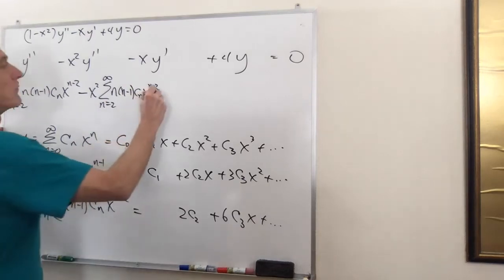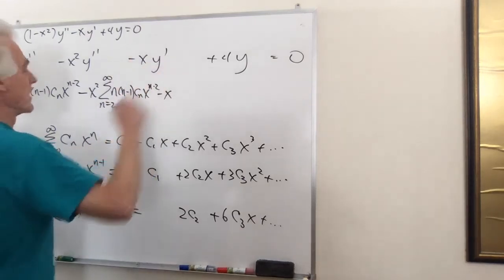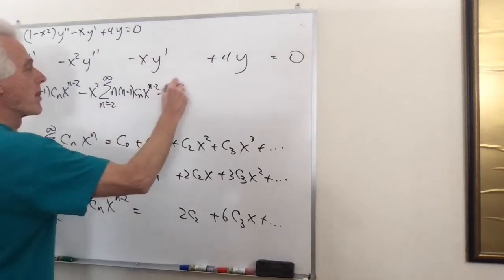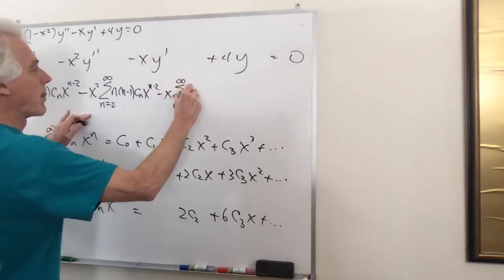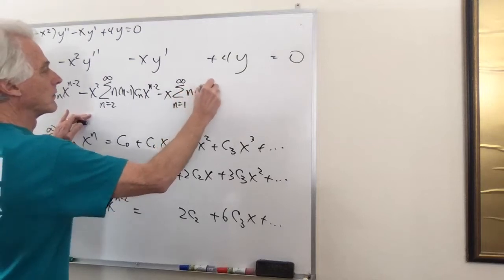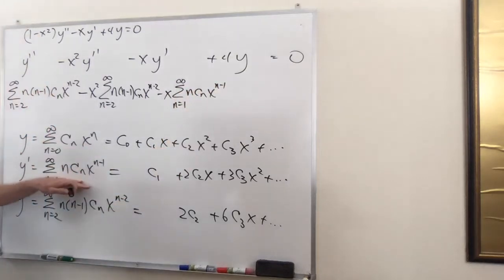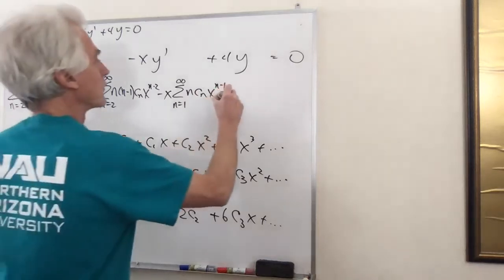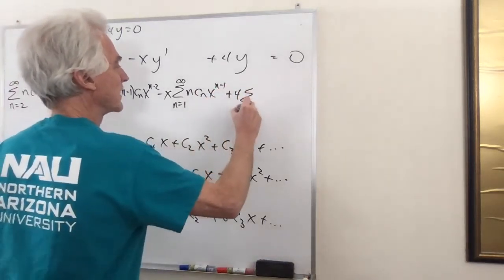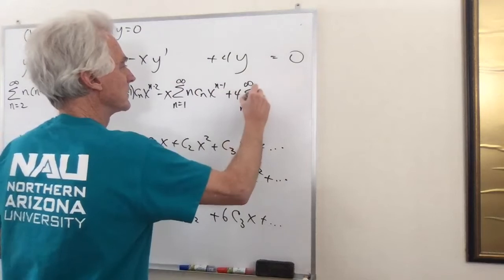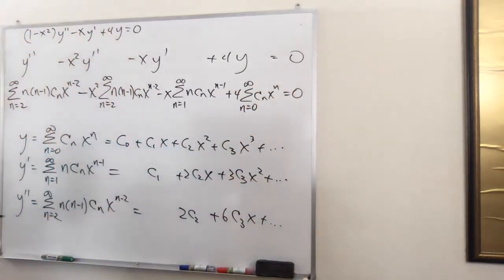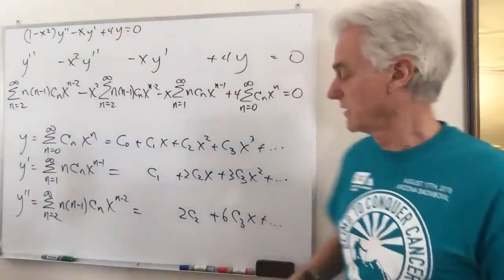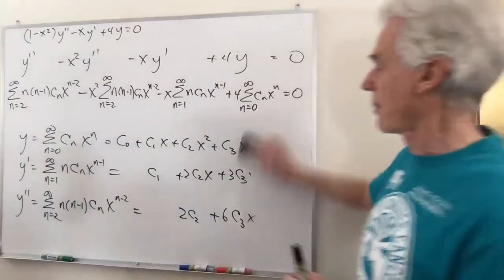And then I get minus x times this sum. That's here. And then I have plus 4 times the sum from n equals 0 to infinity of c_n x to the n, and that's got to be 0. All right, so at this point I can erase all of this stuff.